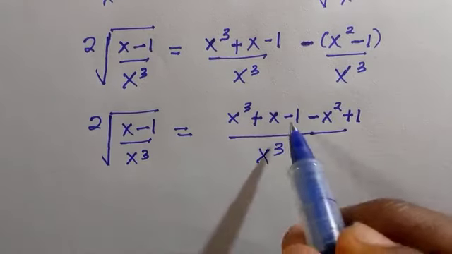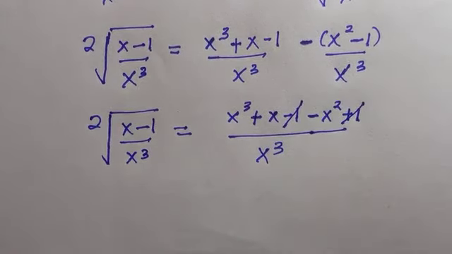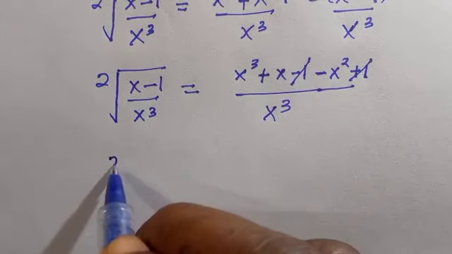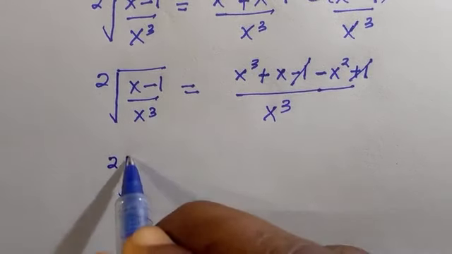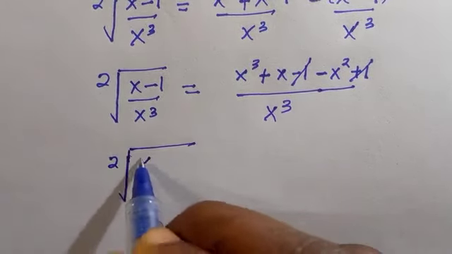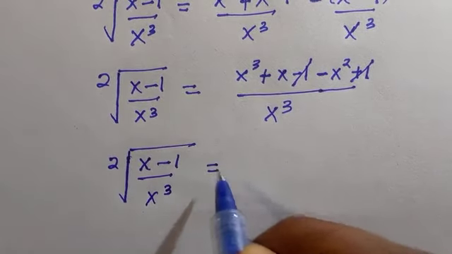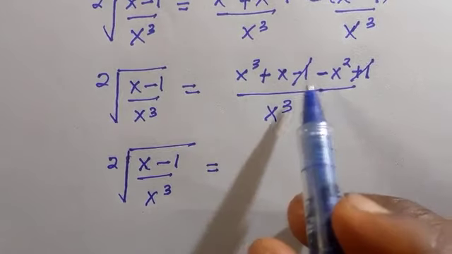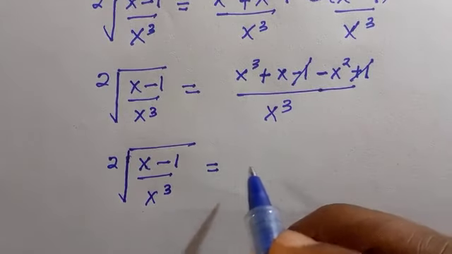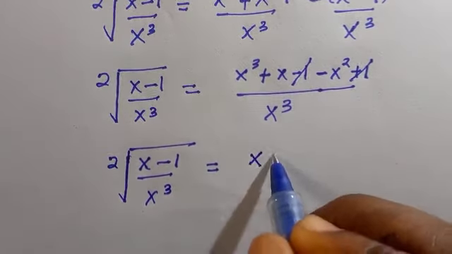Okay, so minus 1 plus 1 cancel each other, and here we are going to have 2 root x minus 1 divided by x raised to power 3 equals, so this is x raised to power 3 plus x minus x raised to power 2.